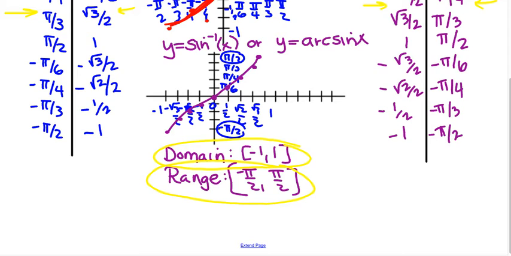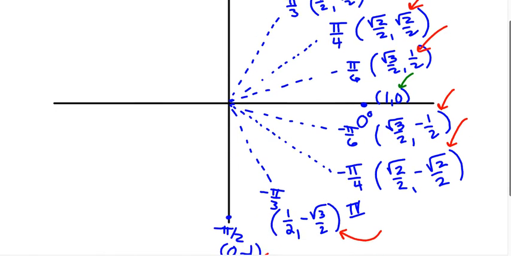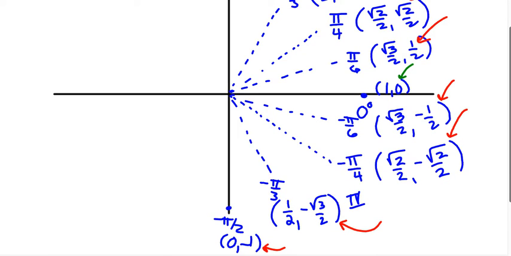So we're going to look at our unit circle and try to find -1/2 on the unit circle. So where do you see -1/2 for the y value? Right here. Here's -π/2. So the sine inverse of -1/2 is the angle -π/6. So that's our answer, -π/6.